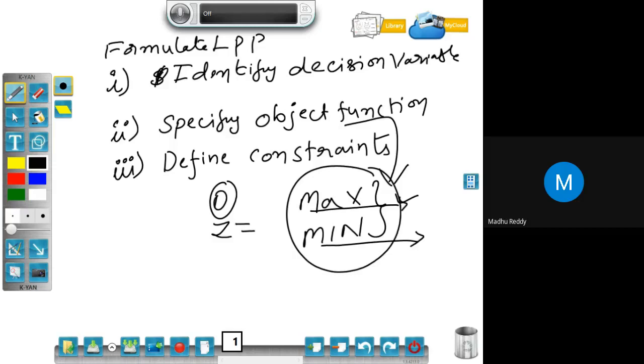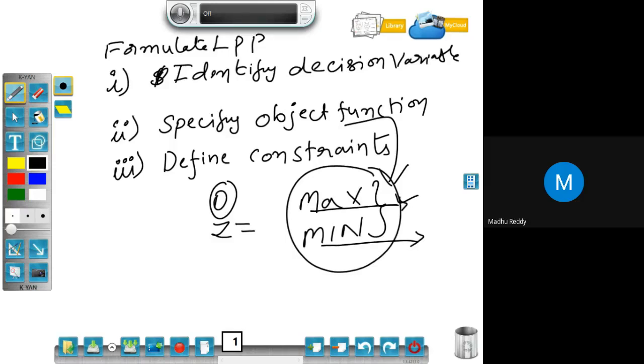If the manufacturing company is in profit, what will we do? Anyone? Maximum. What is the intention of the manufacturer?